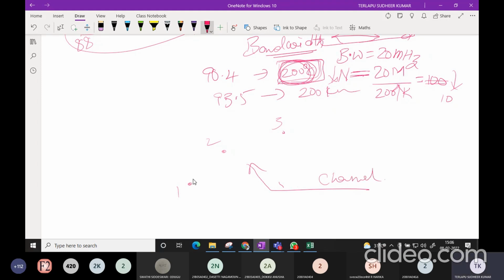What I do is I spend, say, 10 seconds at user 1, and then the switch is moved to user 2. Here I spend 10 seconds, so user 2 information will be transmitted on the same channel. I spend another 10 seconds here, and user 3 will be transmitted on the same channel. Again, the switch rotates to user 1.